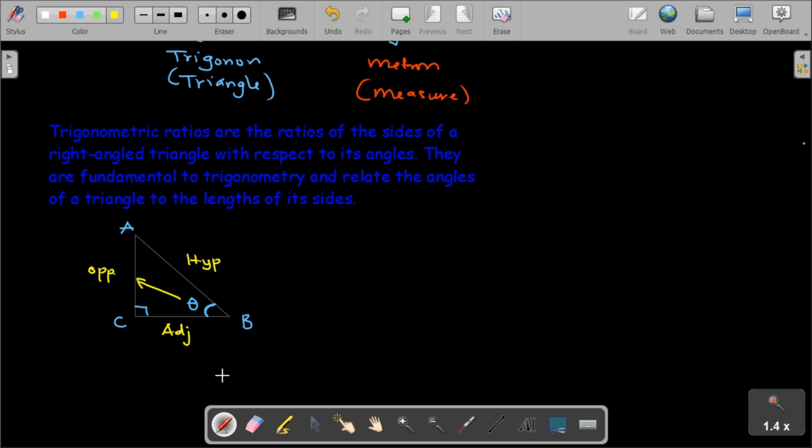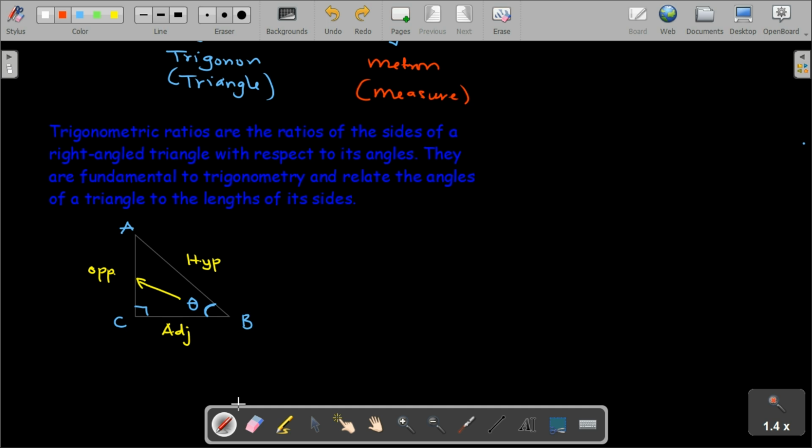Obviously, if we are considering another angle, let's say we are considering the other opposite angle here, let's say this is alpha, then automatically we have a change of configuration. Our opposite now is going to be our CB, our adjacent is going to be our AC, while the hypotenuse still remain AB. But for this case, let's deal with theta facing AC.